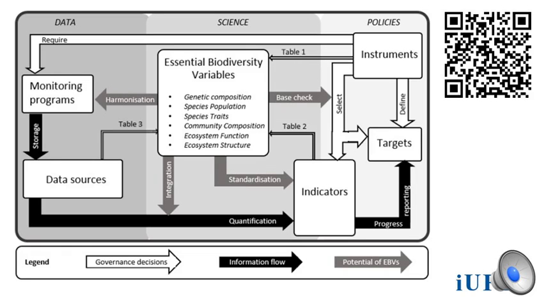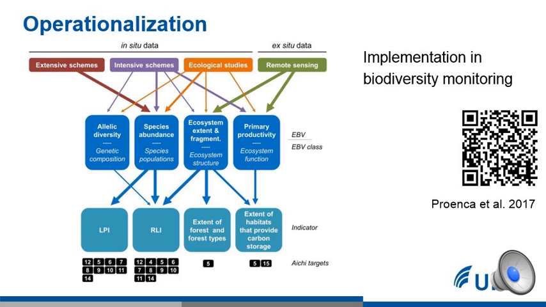Because, I mean, it's important that we also think of how these can be used in biodiversity monitoring, because the operationalization of this concept very much depends on how it can be implemented in the design of biodiversity monitoring programs. And there are a huge amount of possibilities to do so, and we need to think, okay, where are the gaps, how can we fill those?